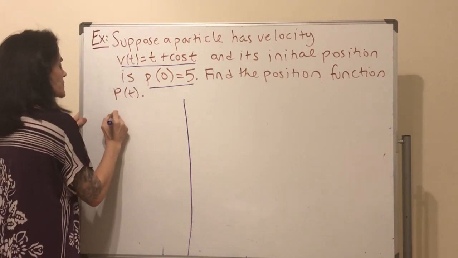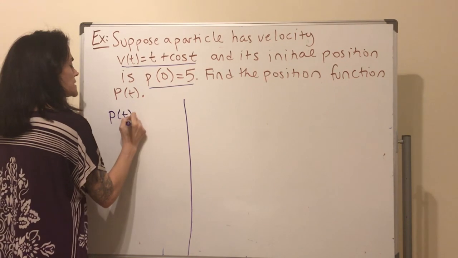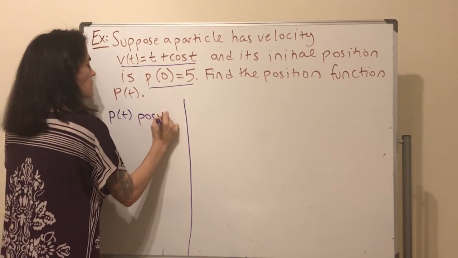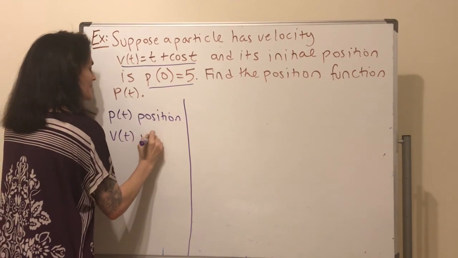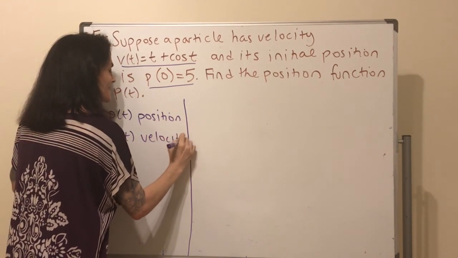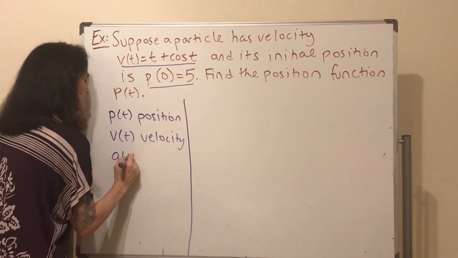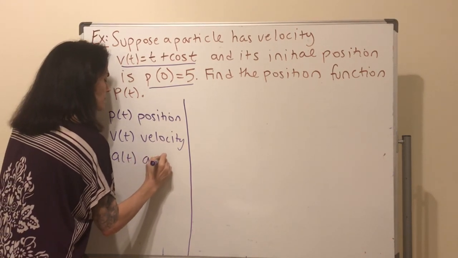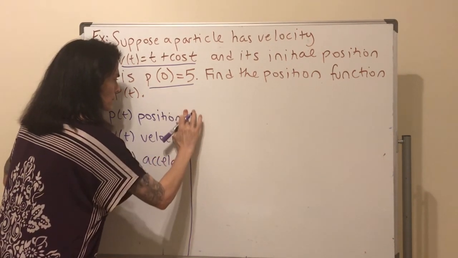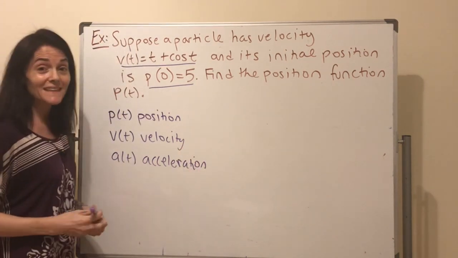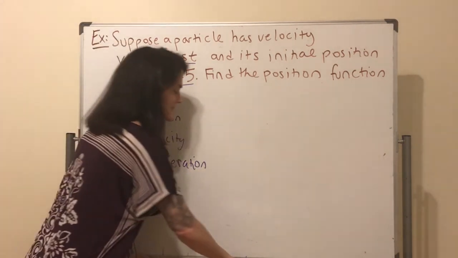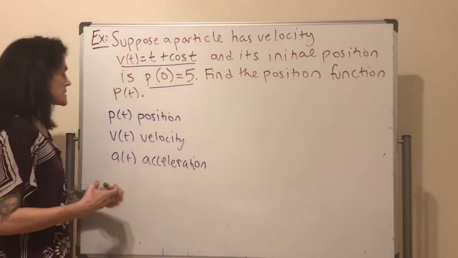We start off with position, P of t, velocity, V of t, and acceleration, A of t. And there's a relationship which we have discussed from very early in the semester.